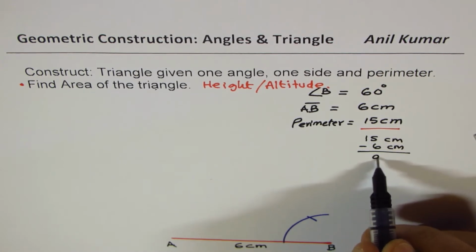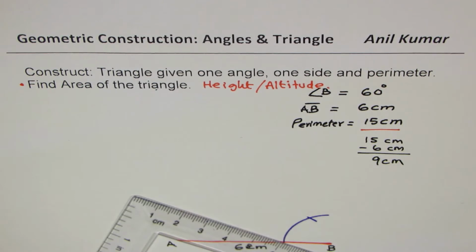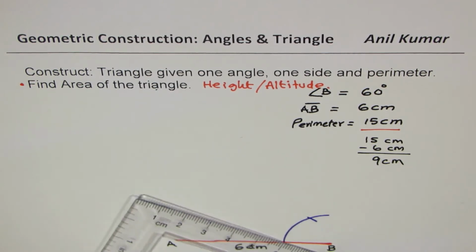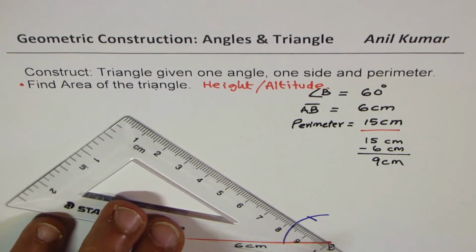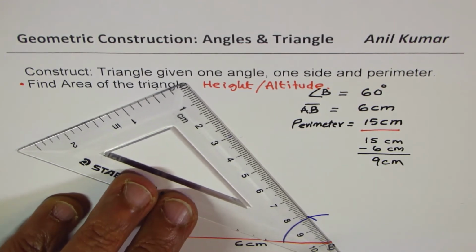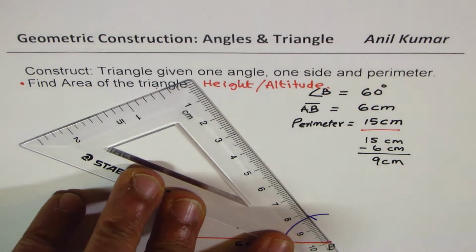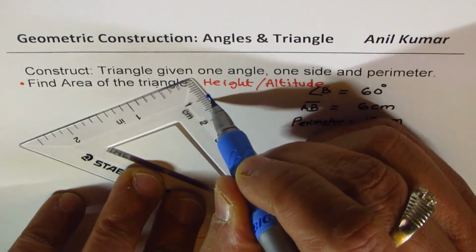So that gives us 9 centimeters. So we'll draw a line which is 9 centimeters long. So we'll go 10 to 1. Okay, so that is point B. We are going through 60 degrees and that's the line which we draw.